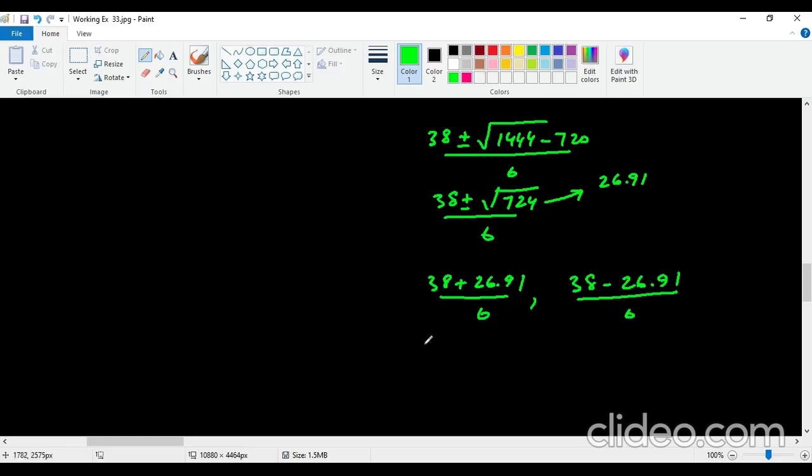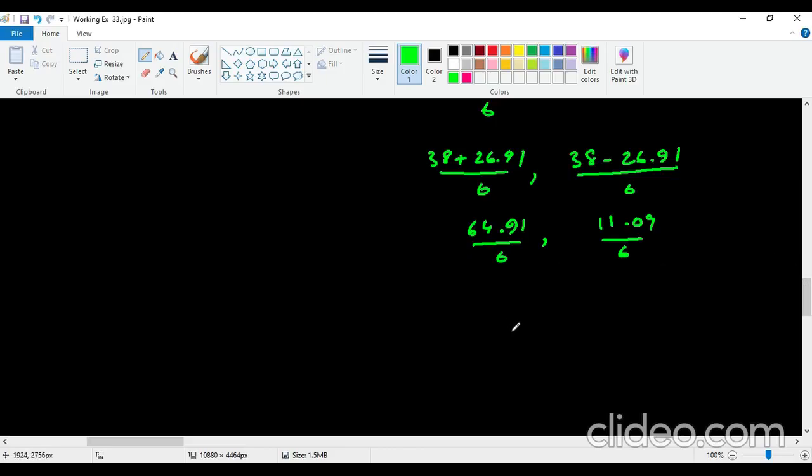Now we get 64.91 divided by 6, and in here we get 11.09 over 6. So this is going to give us 10.8, and this is not acceptable because it is more than 7.